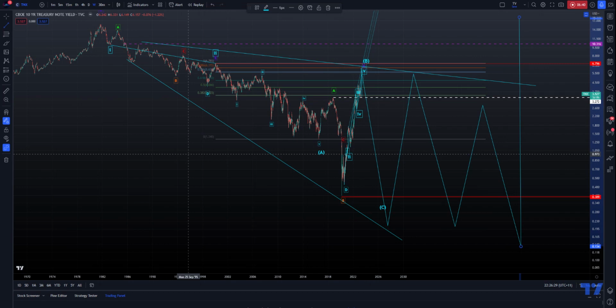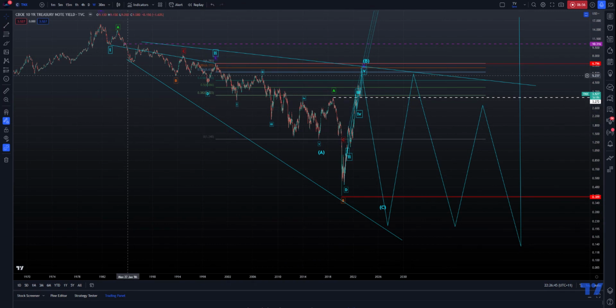So to me, that says a lot about the volatility we're going to see over the next several decades in this ending pattern, which is getting more volatile as time goes on, right?